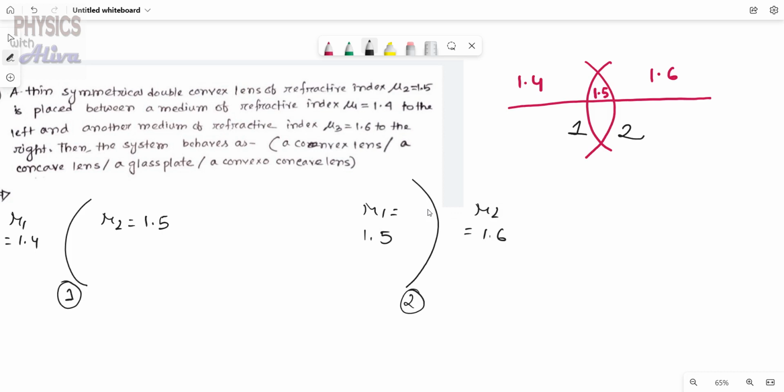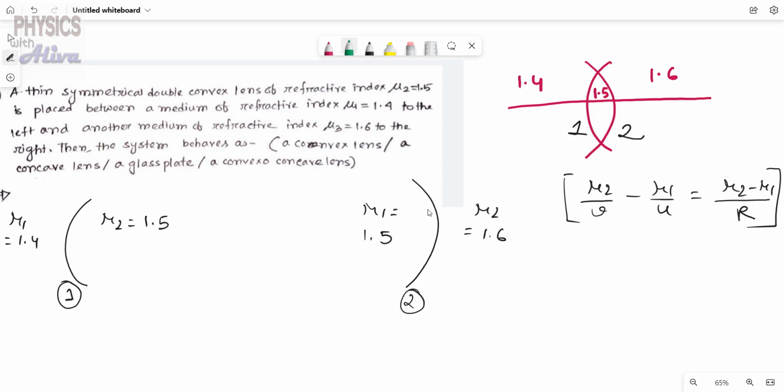We all know the formula for the spherical surface: mu2 by v minus mu1 by u is equal to mu2 minus mu1 by r. So we will apply this formula for the first spherical surface and the second spherical surface. Before starting the calculation, we have to take an object distance.